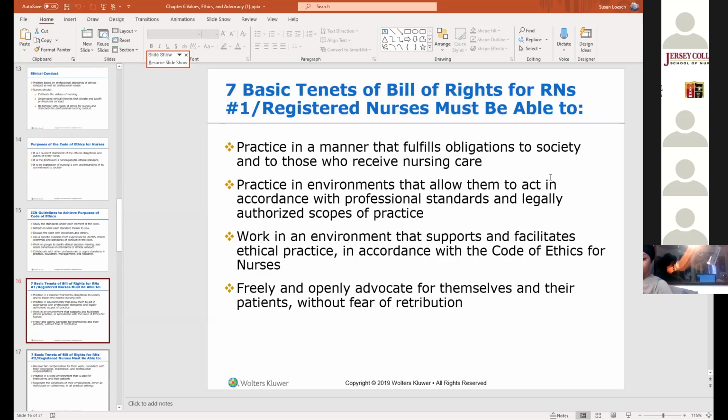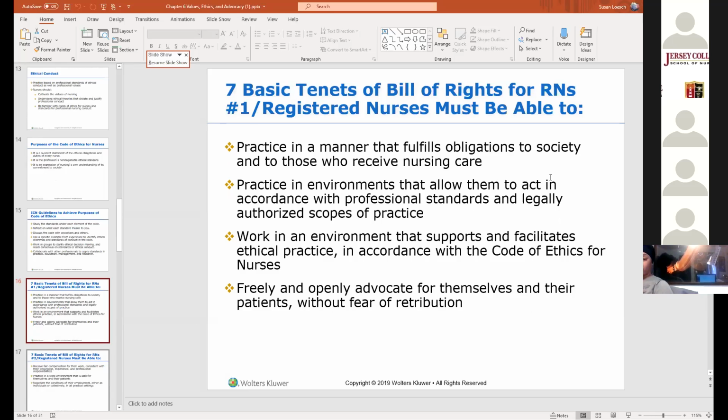The seven basic Bill of Rights for the registered nurse is you have to be able to practice in a manner that fulfills the obligations to society and those who receive nursing care. So, big shoes to fill here. Practice in an environment that allows you to act in accordance with professional standards and legally authorized scopes of practice. So in order to follow that scope of practice, you have to know your scope of practice.